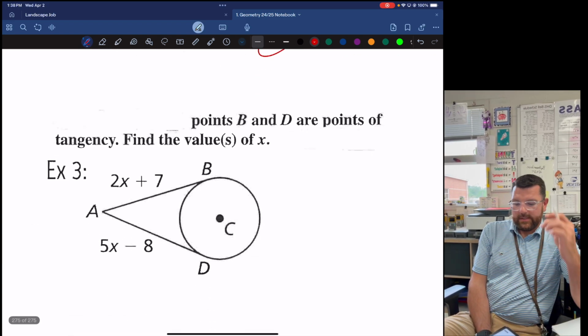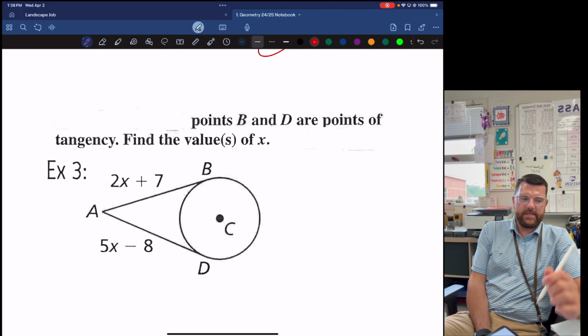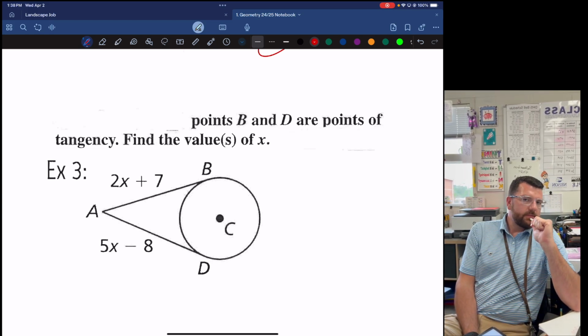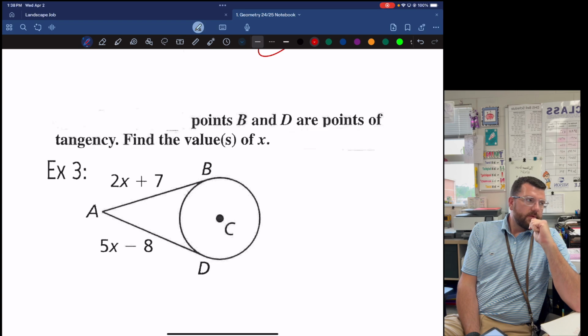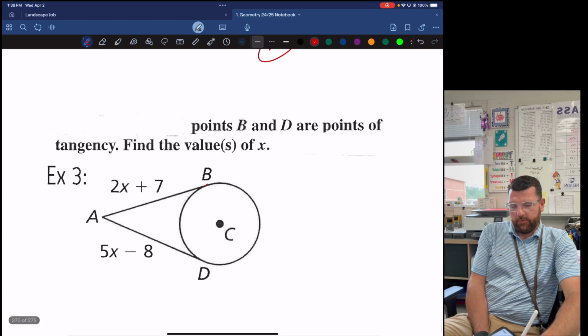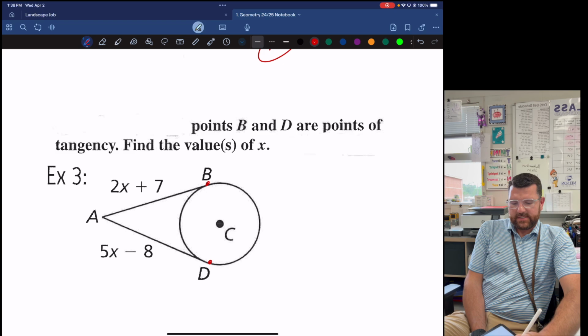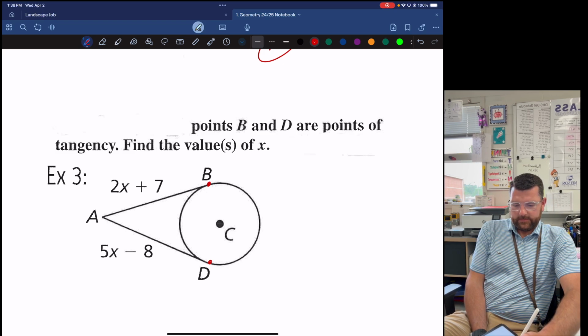This last one given to us says points B and D are points of tangency. What does that mean? It is where each tangent intersects the circle. Points B and D are where the tangents intersect the circle.